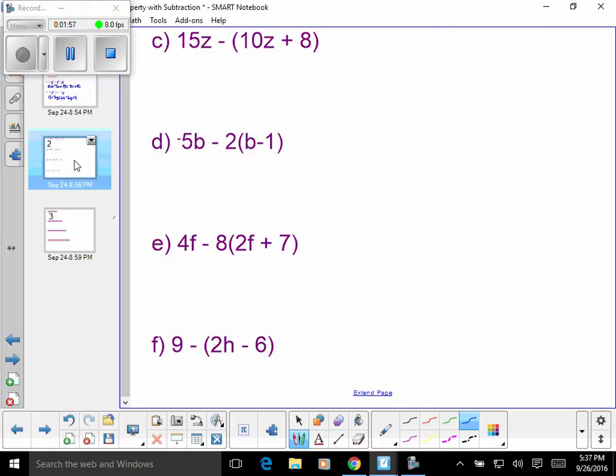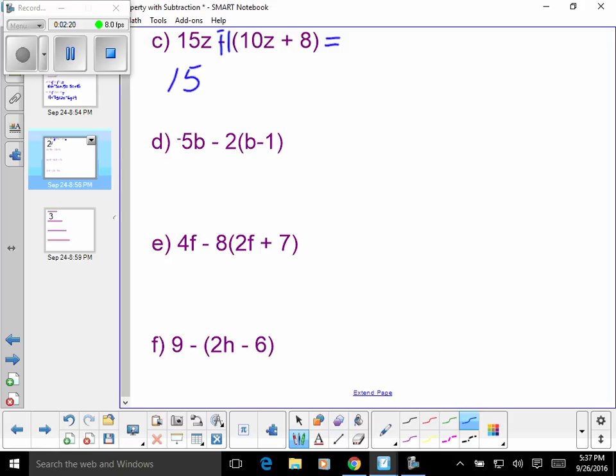C is a little bit trickier because what you have to remember is that there is this assumed 1 or unwritten 1. So in this case, I'm going to change the subtraction to an addition, but then I'm going to add a negative 1 in front of the quantity. Now I'm going to distribute that negative 1.